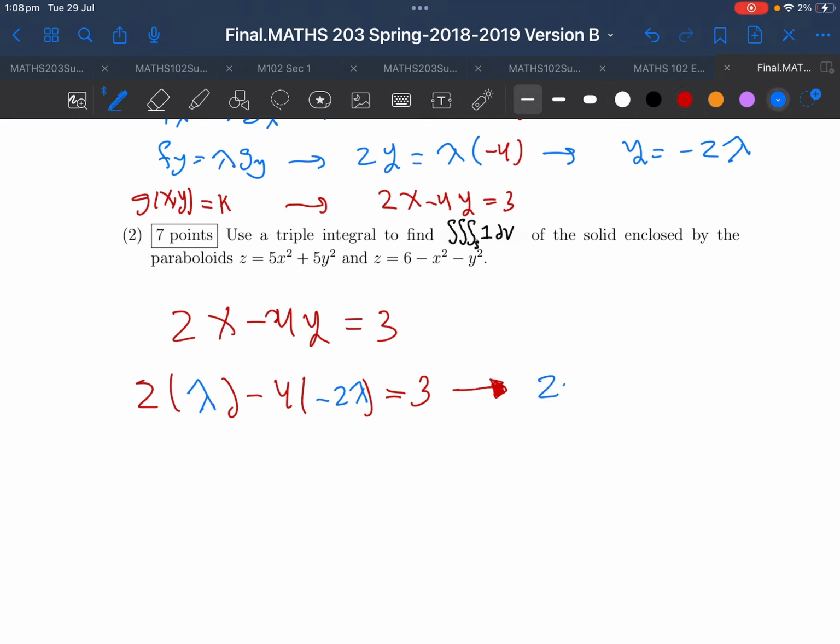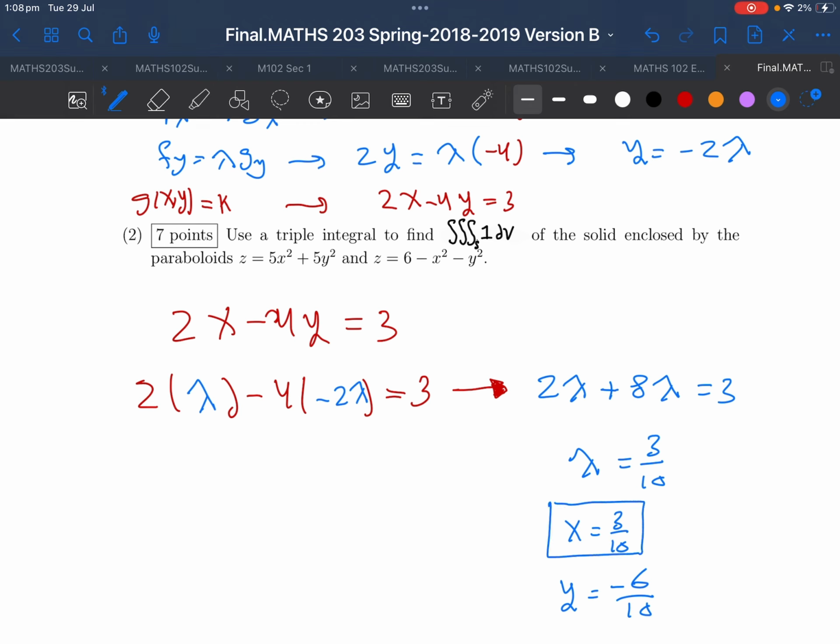Now what we have is 2 lambda plus 8 lambda equals 3. So lambda equals 3 over 10, which means x is equal to 3 over 10, and y is equal to negative 6 over 10.